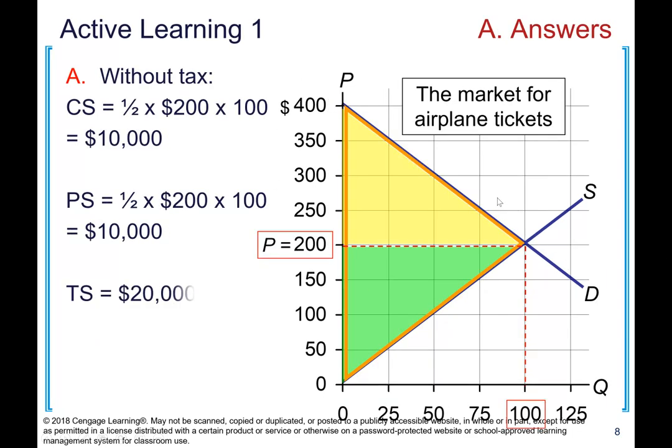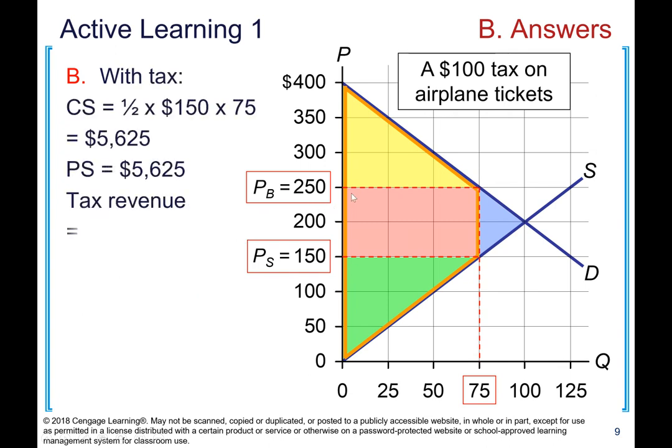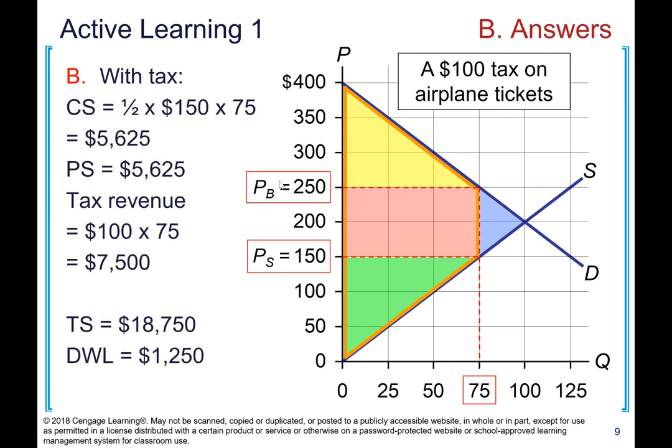Before the tax, the upper triangle, the yellow area, is the consumer surplus, and the green triangle is the producer surplus. With tax, the yellow area shrinks and the green area gets smaller. As you can see, with tax, consumer surplus is 1/2 times 150 times 75.